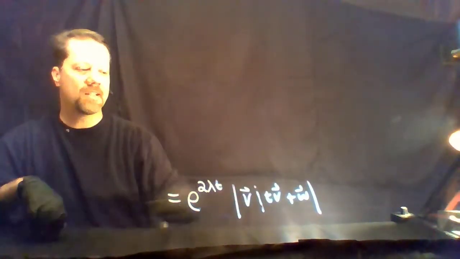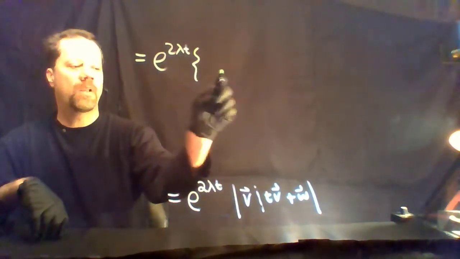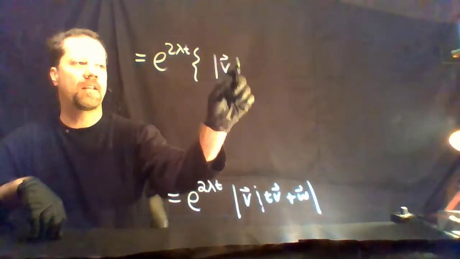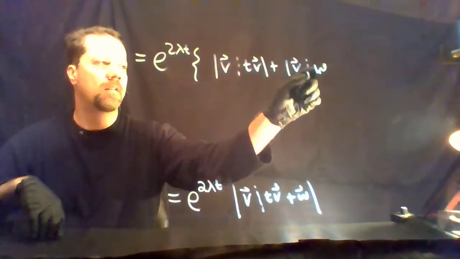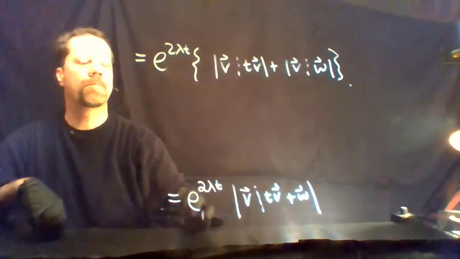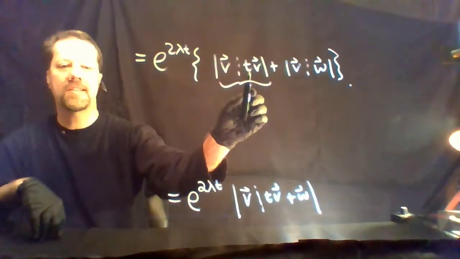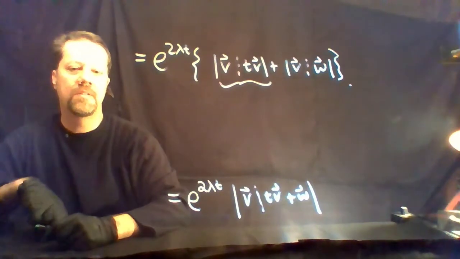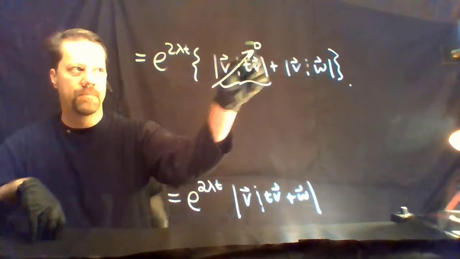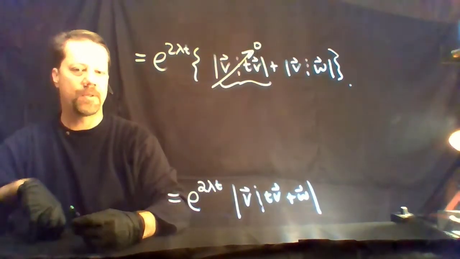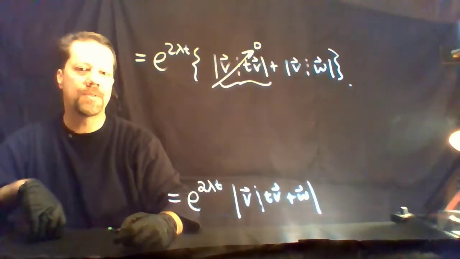The determinant is linear in each row and column, which means we can rewrite this as the determinant of (v, tv) plus the determinant of (v, w). Now, in this determinant, the second column is a scalar multiple of the first column. Anytime that's the case, the determinant will be 0, because it's possible to use an elementary column operation to reduce an entire column to a column of zeros.